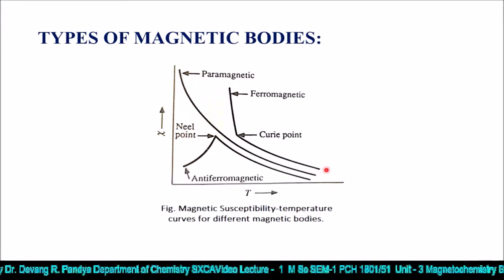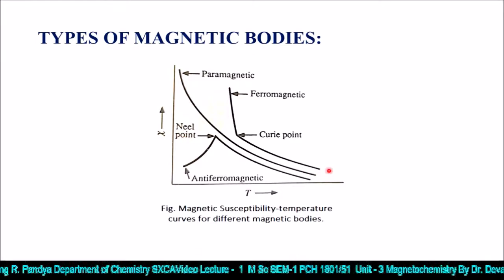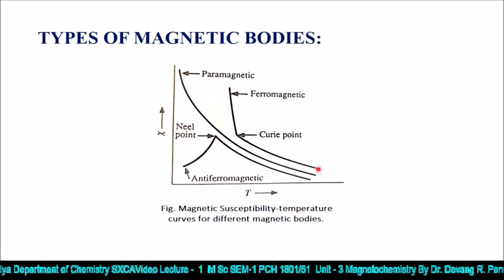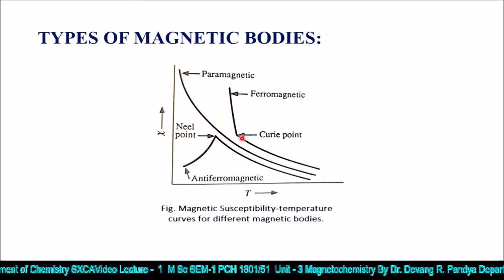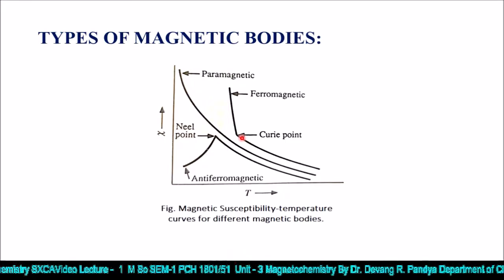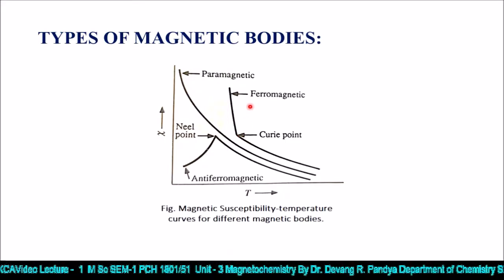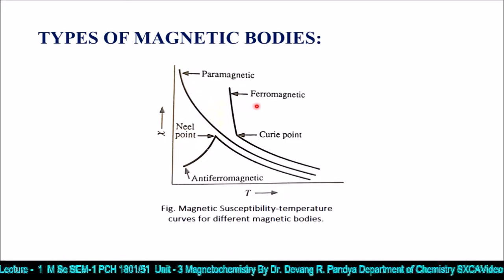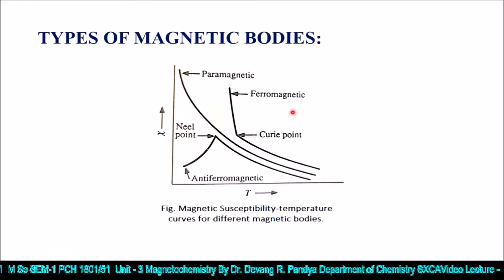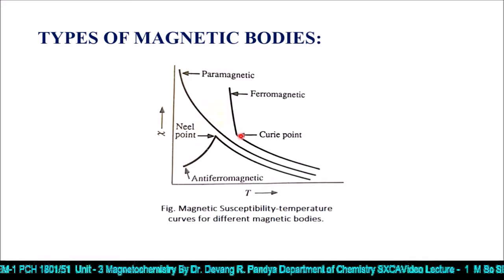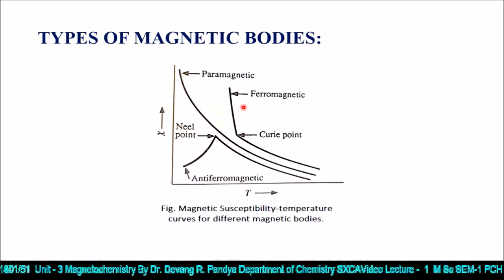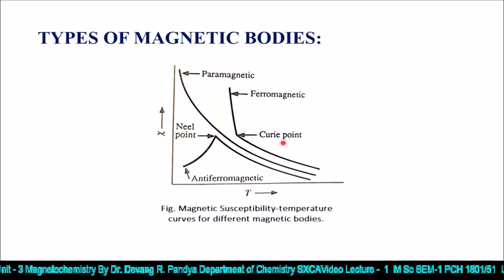And if, on decreasing the temperature, the magnetic property increases from a certain point, then that substance acts as a ferromagnetic material, and that temperature is known as the Curie point.